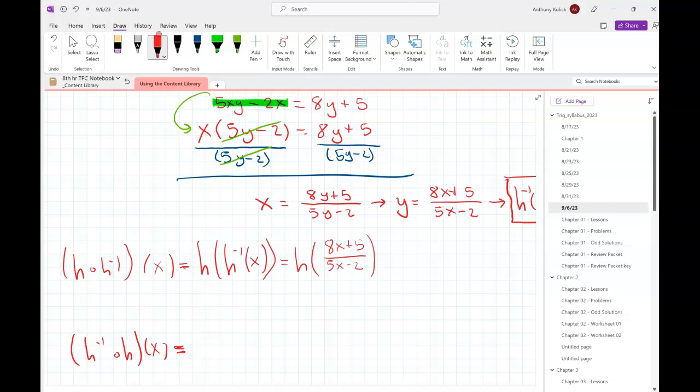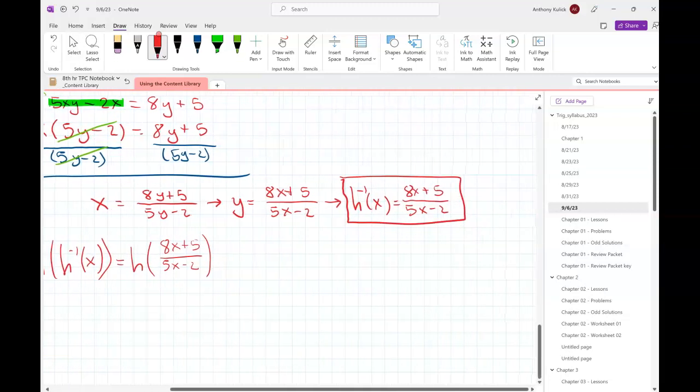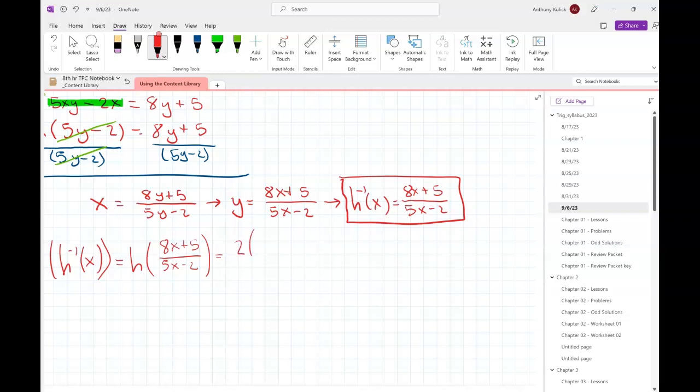So when I plug that into h, I'm going to have 2x, but instead of x, I'm going to write that fraction, h inverse, and then I have the plus 5, and that's all over 5x, but instead of x, I'm going to write that fraction, h inverse, and then a minus 8.